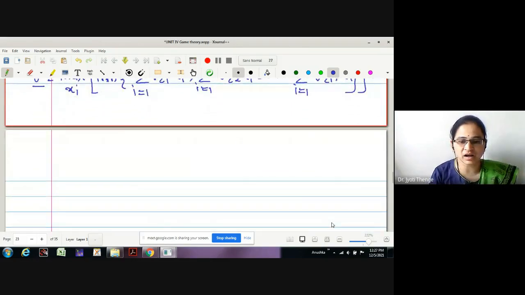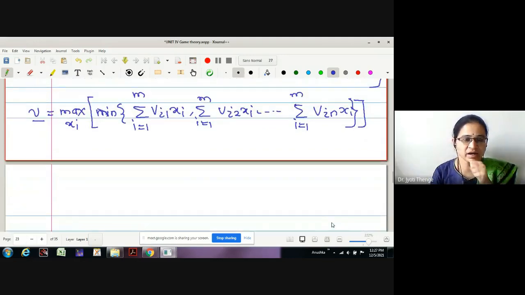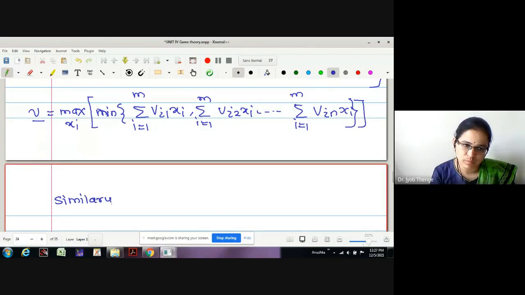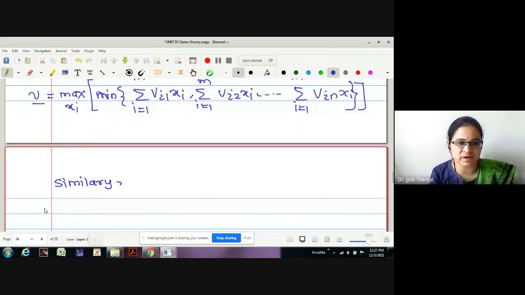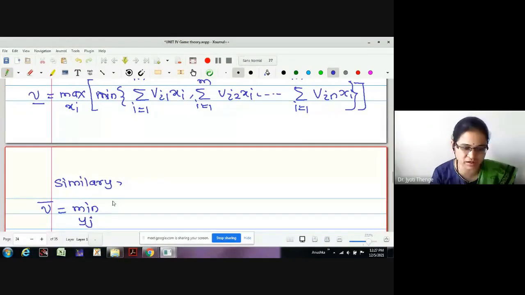Okay. Similarly, can I write directly with respect to player B? Similarly, we will try to find out min max value. Min max value is denoted by V upper bar. This is minimum over the probabilities yj. Okay, and this probability is actually found in order to minimize the maximum expected losses.